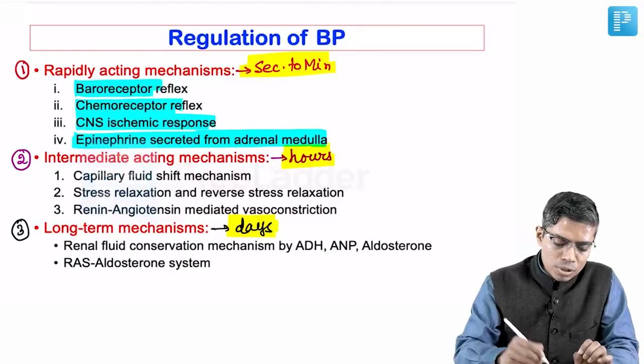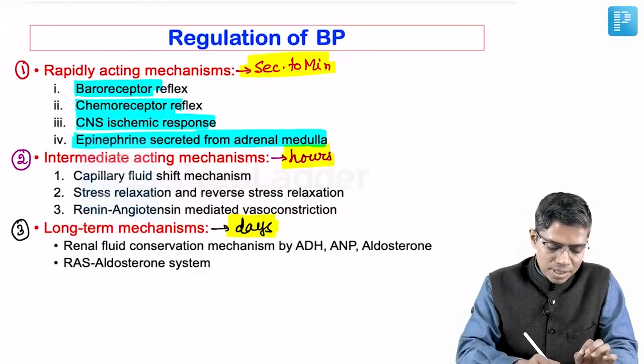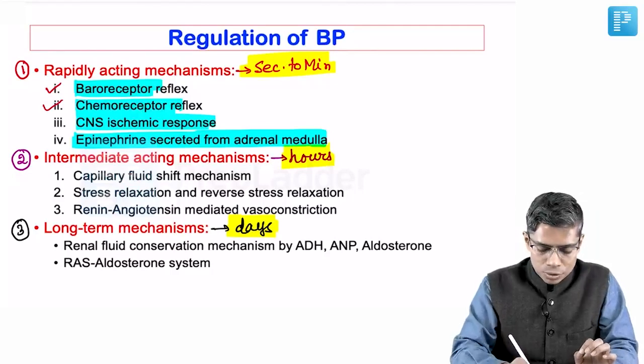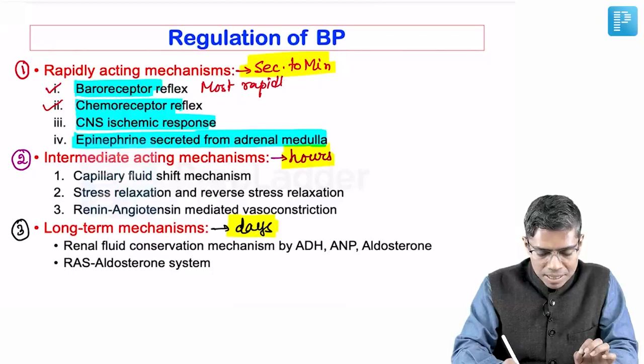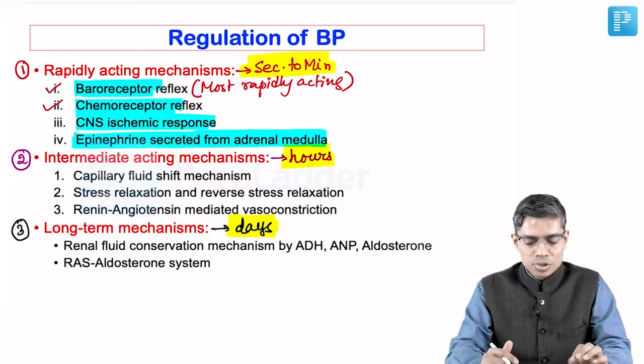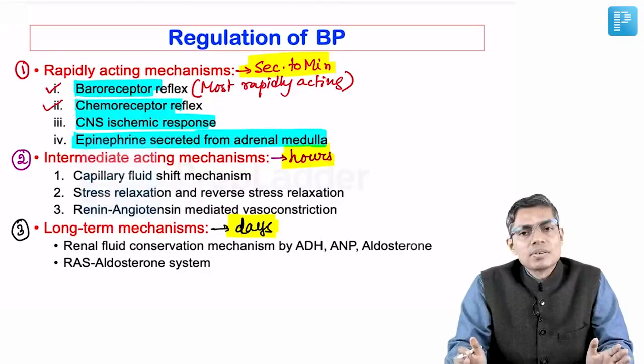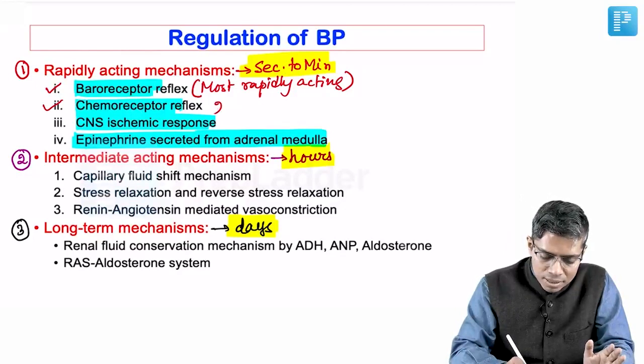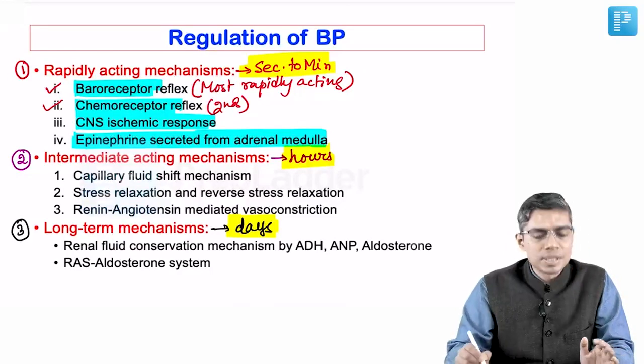But the question is, which one is the most rapidly acting mechanism? Obviously the baroreceptor, followed by the chemoreceptor. So this baroreceptor reflex mechanism is the most rapidly acting mechanism. Within 5 to 8 seconds it starts working, followed by the chemoreceptor reflex mechanism.